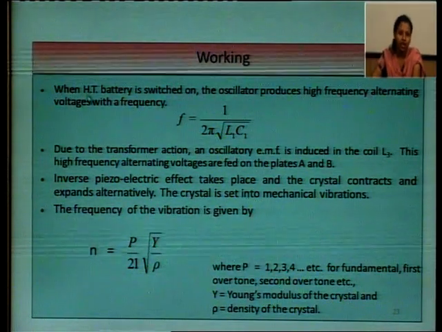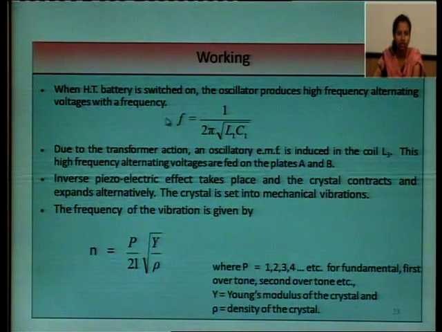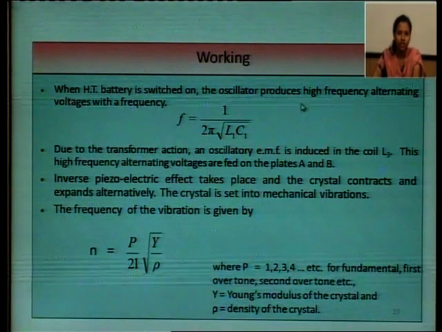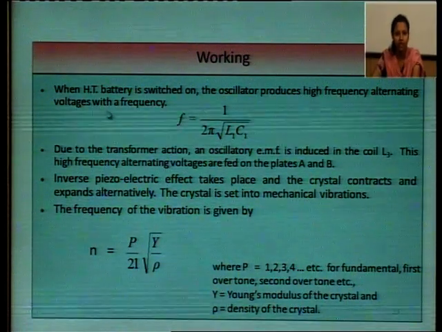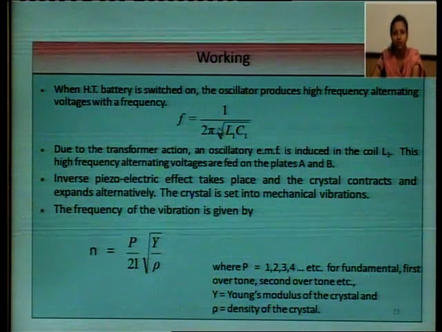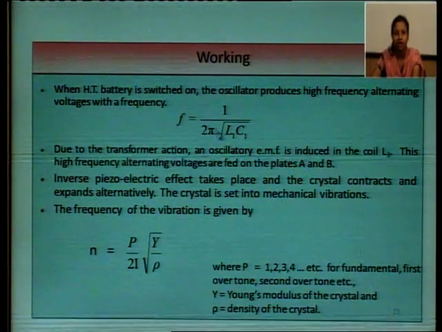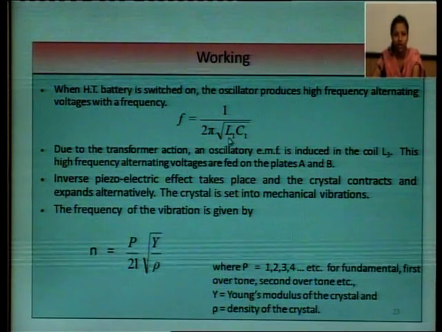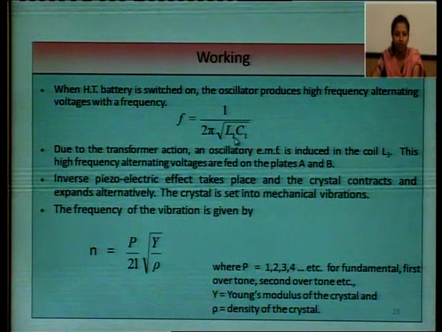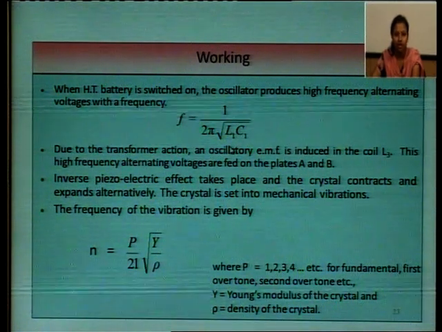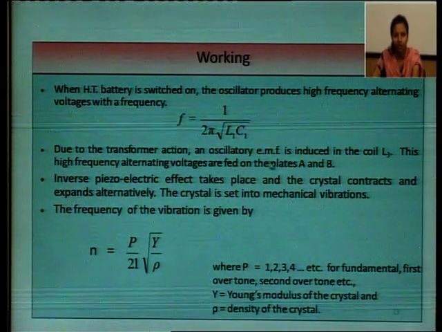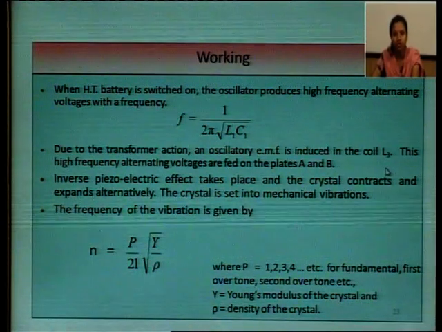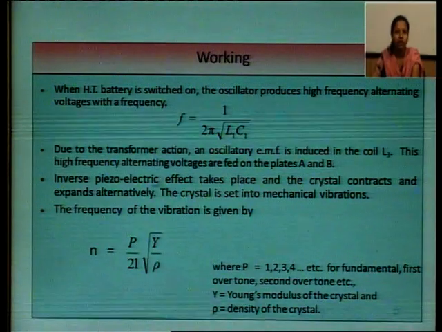When the high tension battery is switched on, the oscillator produces a high frequency alternating voltage with the frequency f equal to 1 upon 2 pi root L1 C1, where L1 is the inductance of the coil and C1 is the variable capacitor. Due to transformer action, an oscillatory EMF is induced in the coil L3.